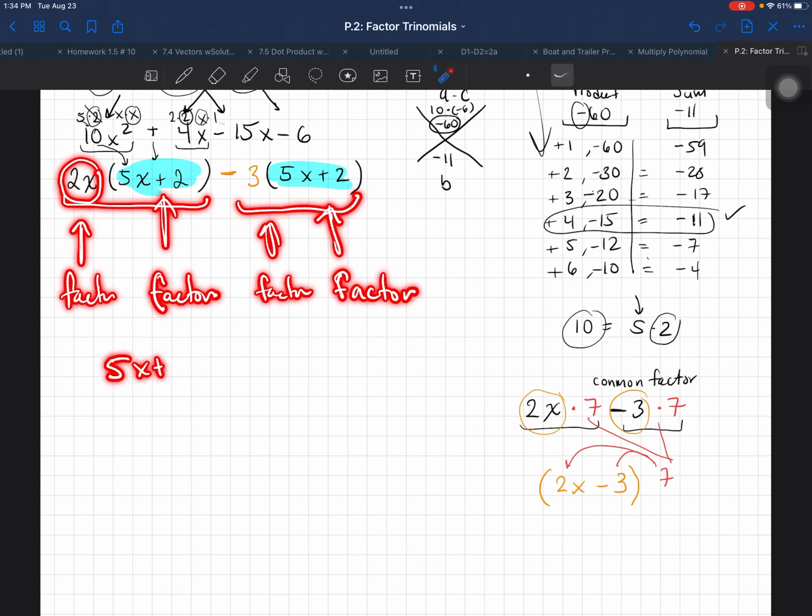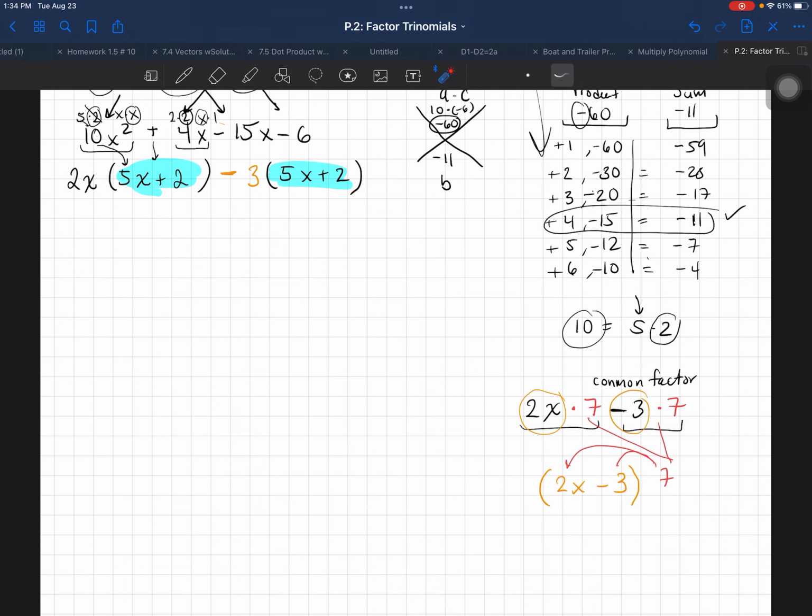So we can agree that 5x plus 2 is the common factor between both terms. So we're going to factor out this common factor, 5x plus 2, just like we did over here.